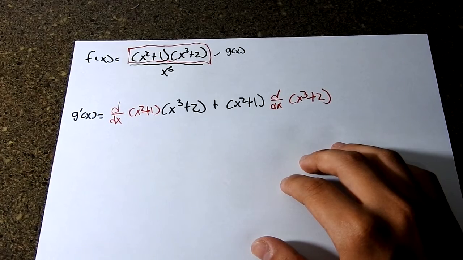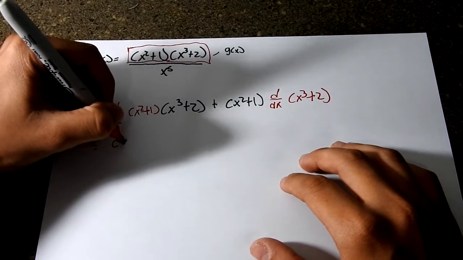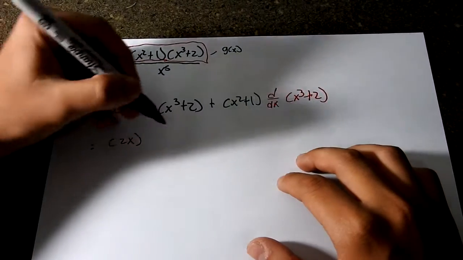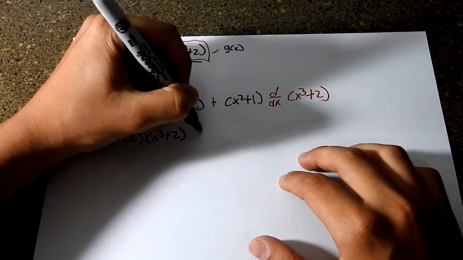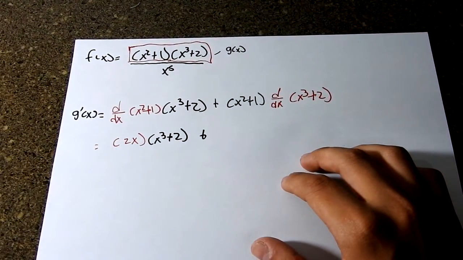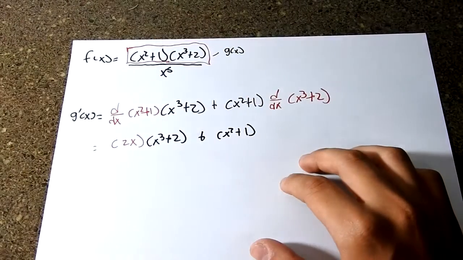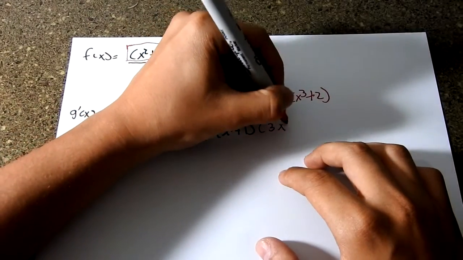Right? So here we're going to have 2x times x to the 3rd plus 2 plus x squared plus 1 times the derivative of this over here, which is 3x squared.